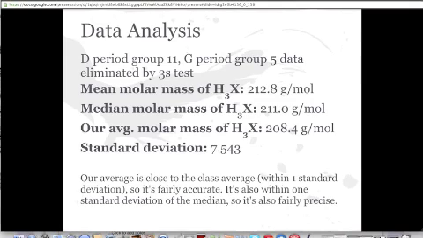And finally, our average molar mass, as you probably can recall, was 208.4 grams per mole. Since our average is close to the class average, in fact, it's within 1 standard deviation, we can claim our data as being fairly accurate. And by looking at the fact that our data was also 1 standard deviation within the median, we can also claim that our data was fairly precise.